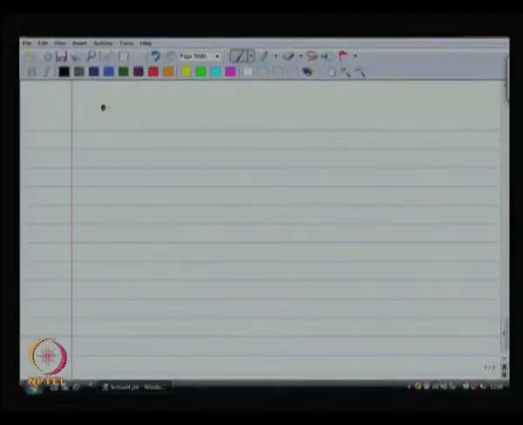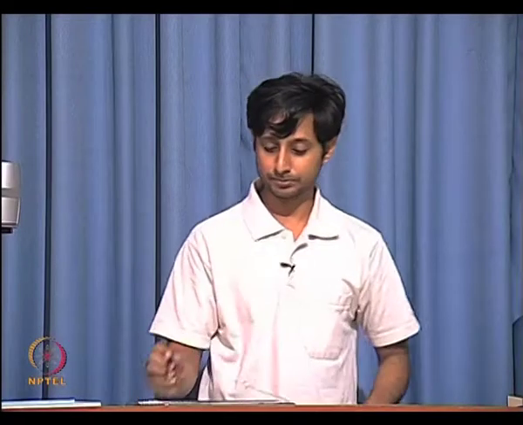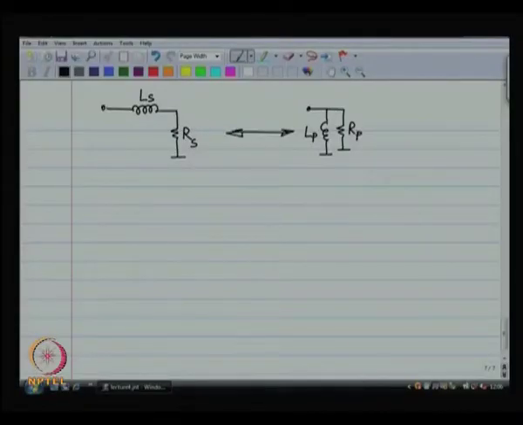So, given this information, I would like to transform a series LR network to a parallel LR network. Okay, this is what I would like to do. I would like to transform back and forth between a series LR network and a parallel LR network.